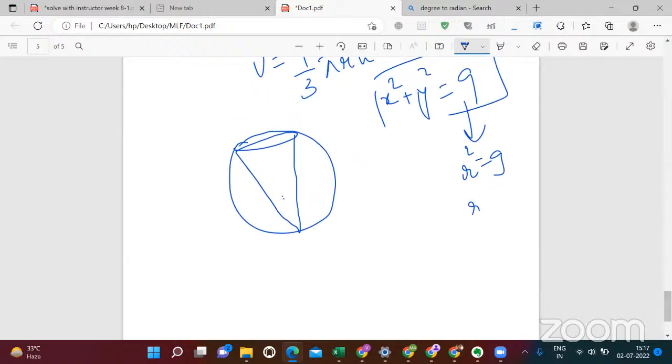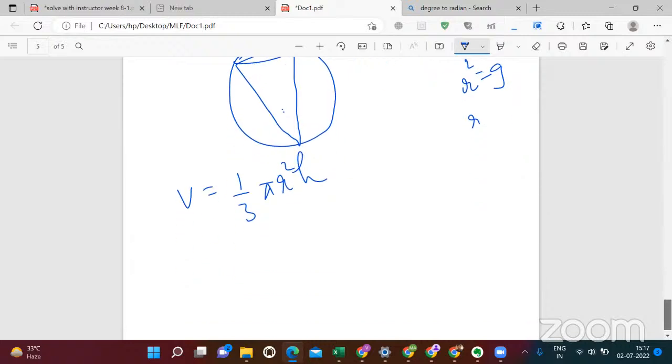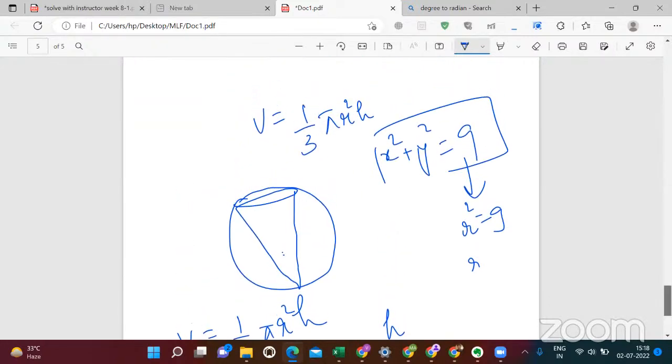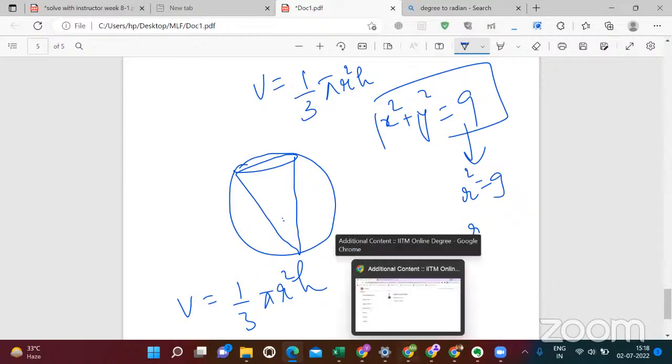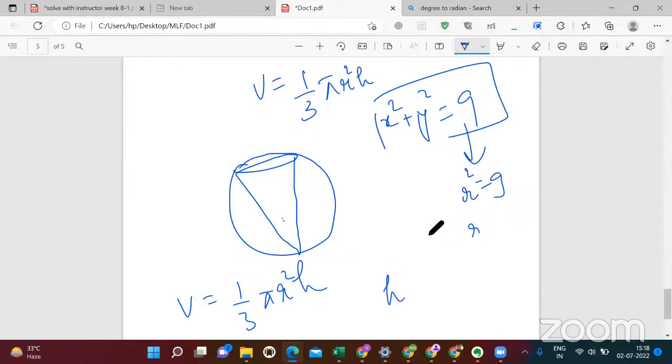V is 1 by 3 pi r square h, right? And h is what? It should be equal to, okay, wait.